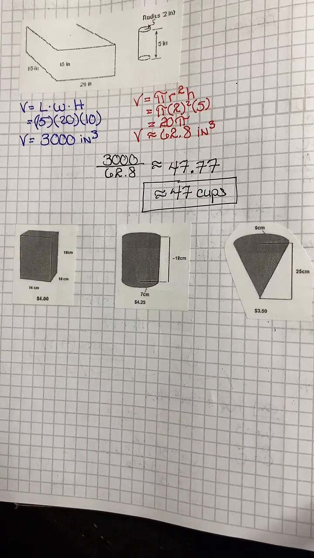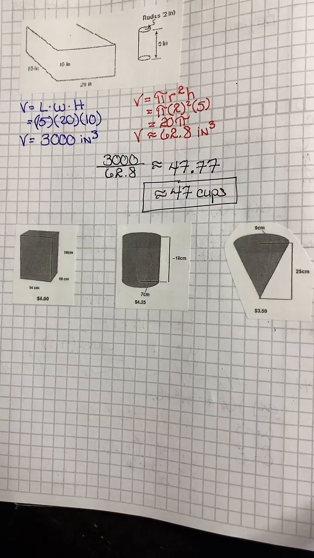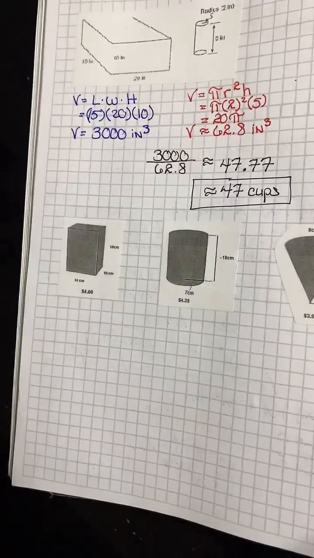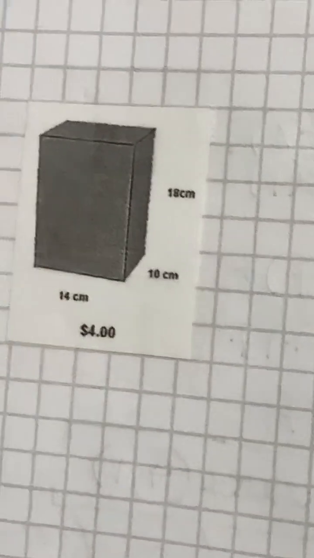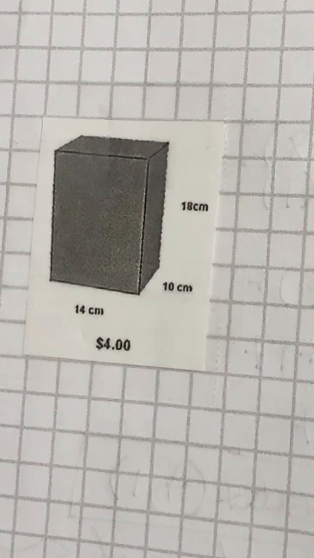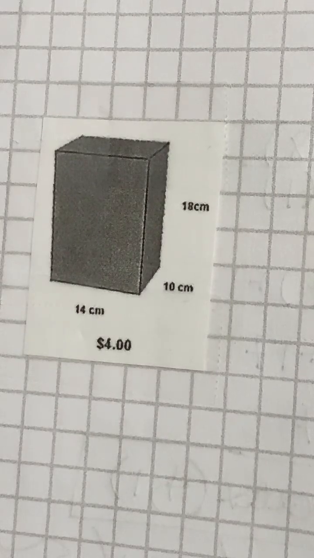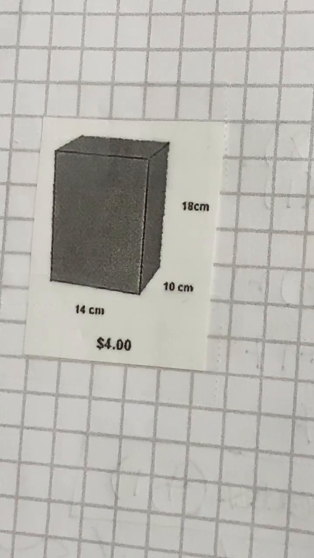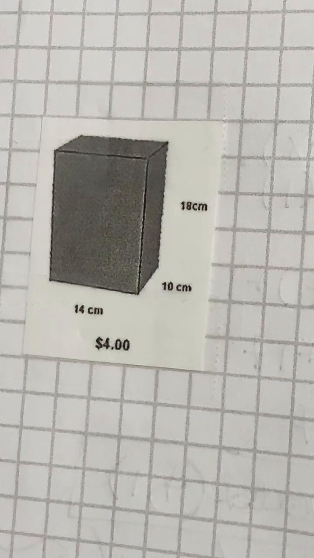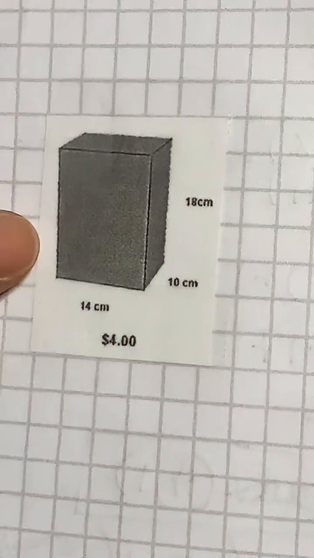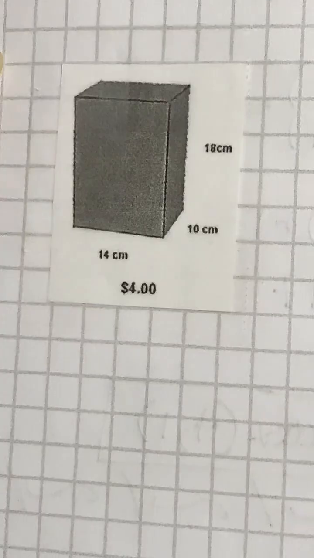So, obviously, we want to know how much popcorn it holds. So, let's really zoom in. Okay, yep, we're still finding the V. So many jokes. Okay, anyway. So we're finding the volume. So right here we have a rectangular prism.